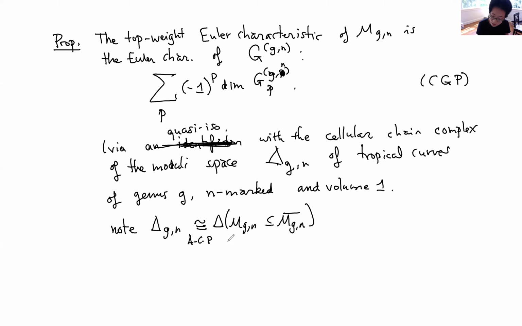So by the way, I had stated this proposition as an equality of numbers, like literal topological Euler characteristic, but better would be to make it a statement about equality of virtual SN representations. That is to say, SN, the symmetric group on n letters, is naturally acting on the graph complex by permuting marked points, as well as on MGN, again, by permuting marked points.